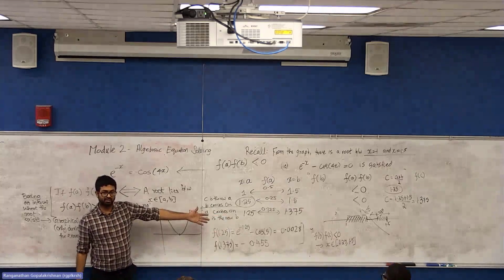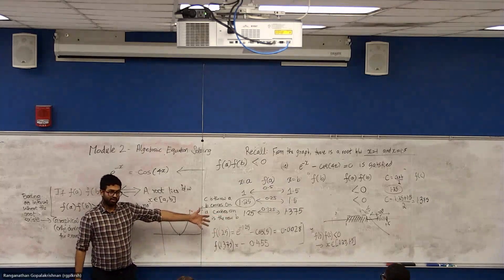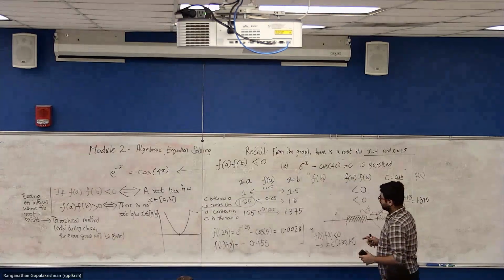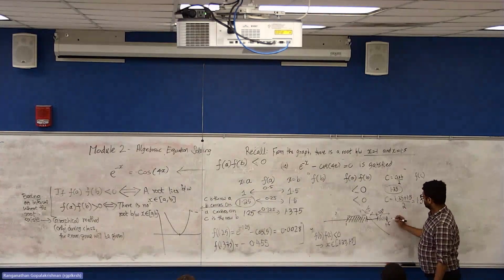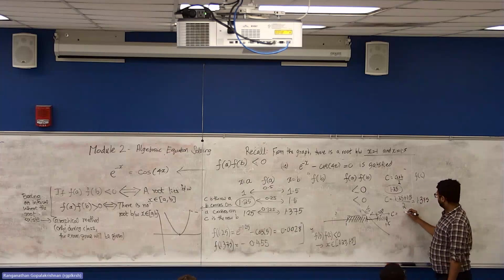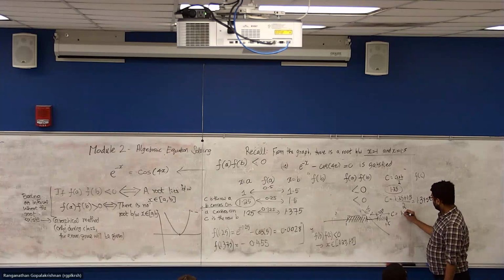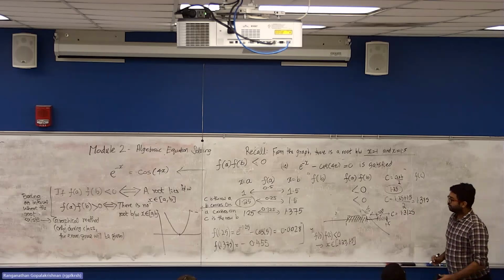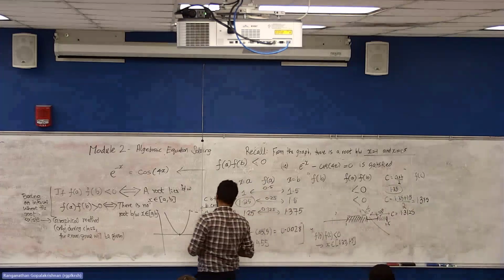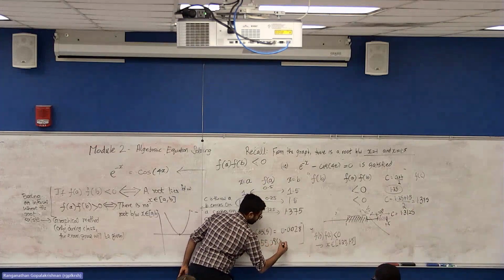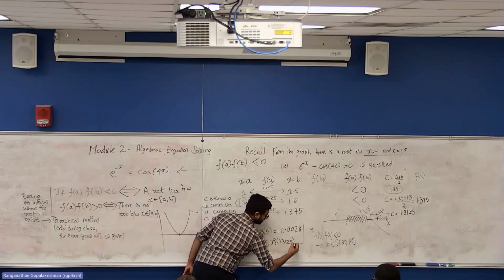Same thing. So what is the midpoint? The midpoint is 1.3125. Thank you. 1.3125. And I have to compute what is f of 1.3125.